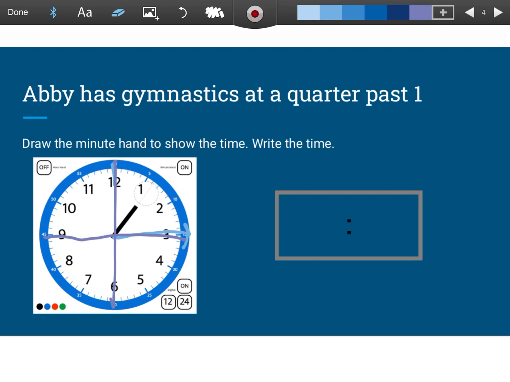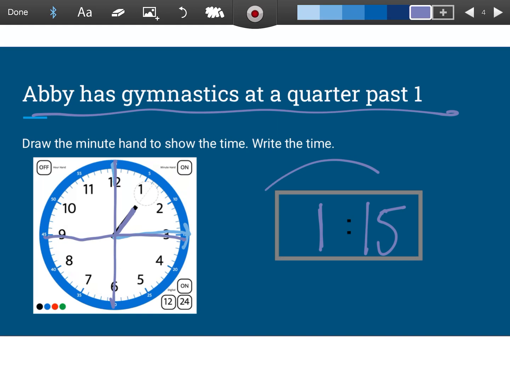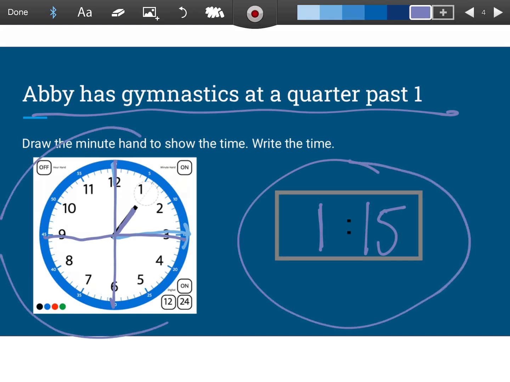So we are going to write 1 over here because the hour hand is pointing at the 1, and then the minute hand is pointing at 15 minutes. So Abby has gymnastics at 1:15, and we can show that on the clock just like this. Now let's just do a nice clean copy of that just so we can see that. I'm going to go ahead and draw that minute hand in, pointing to the 15 minutes, or 1:15.